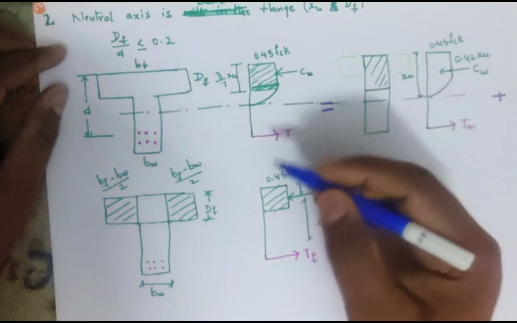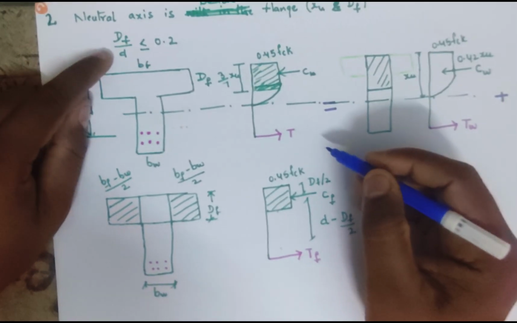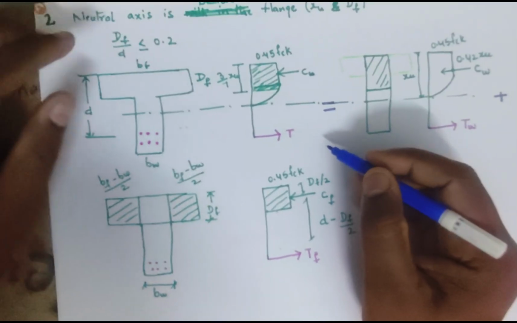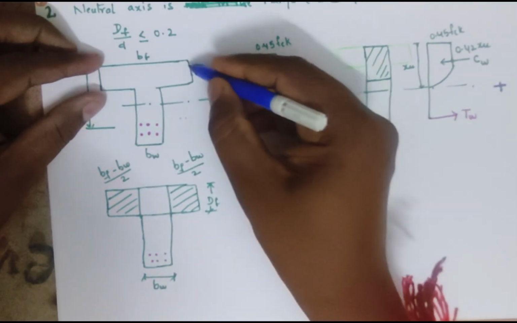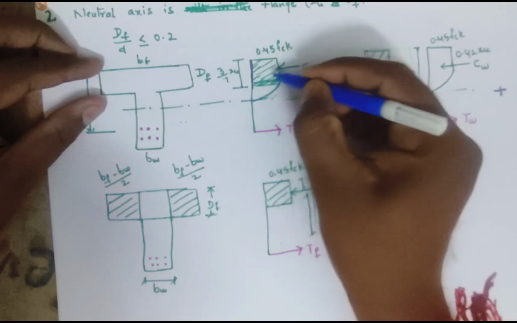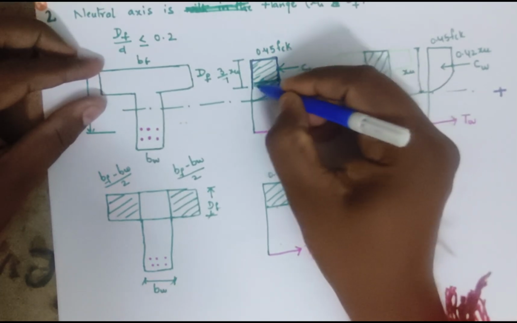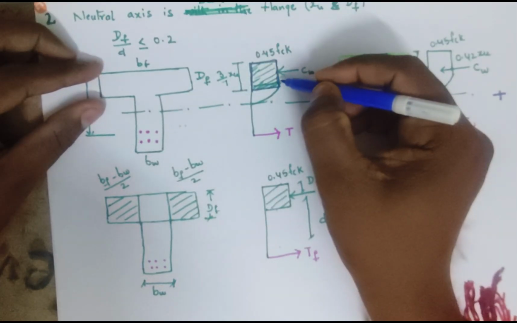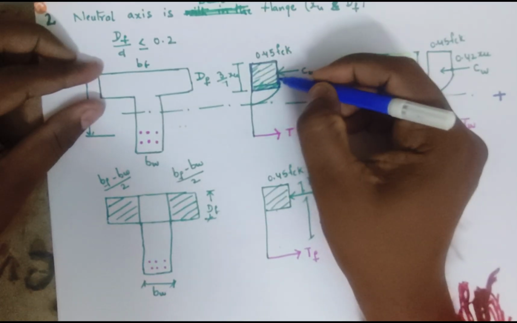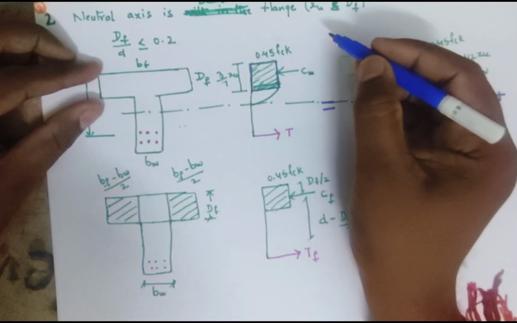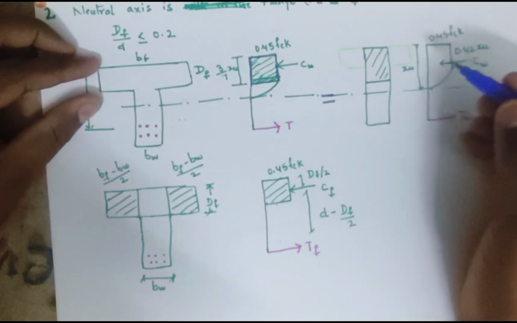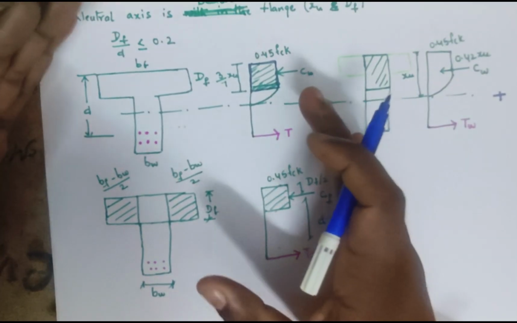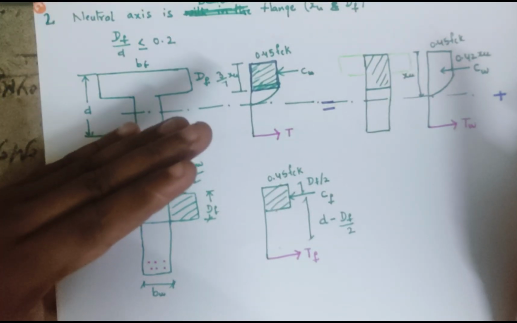Okay, what I said, when the Df by d value is less than or equal to 0.2, the complete depth of the flange is stressed to 0.45 fck. Complete depth is having uniform compressive force of 0.45 fck. In this case, I am dividing these stress blocks into two categories.